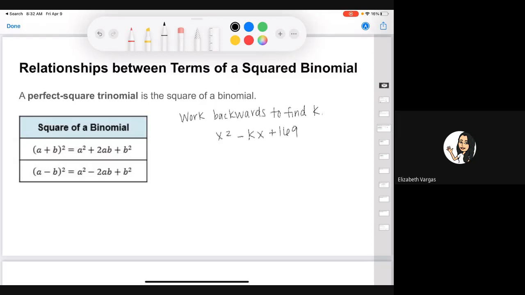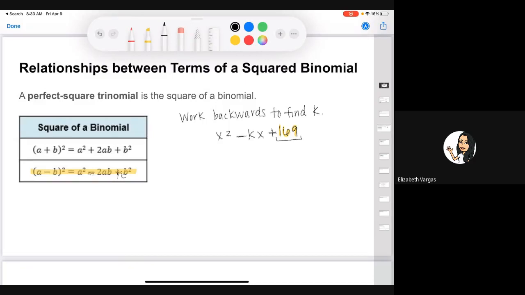Yes, I can. What I would do is use the value I'm given here, 169. It follows this form right here, first of all, because you have a minus and you have a plus sign.